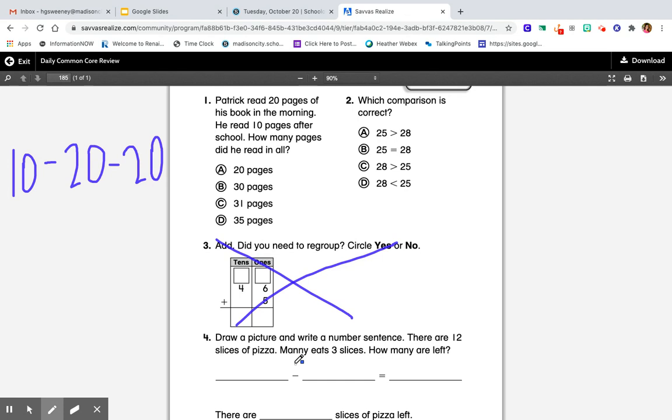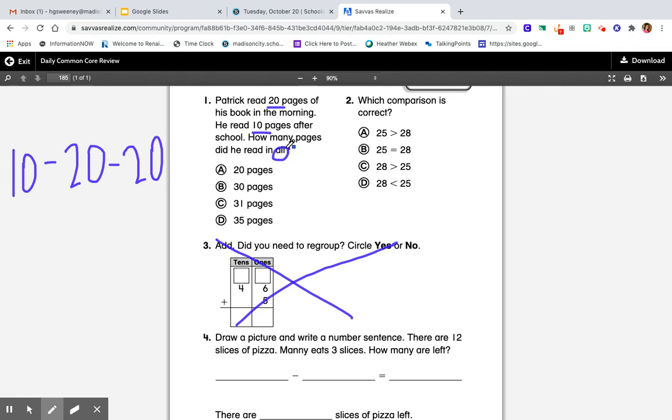All right, so let's get started. Number 1 says Patrick read 20 pages of his book in the morning. He read 10 pages after school. How many pages did he read in all? So he starts with 20, and then he reads 10 more. So how many after all? So that means that we need to put those numbers together.